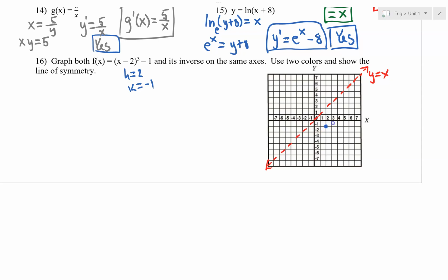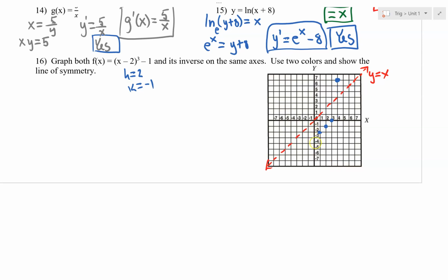And it's a cube function, so it's going to start low, finish high. It's going to go over 1 and up 1, over to the left 1 and down 1, and then it's going to go 2 over and 8 up. 2, 3, 4, 5, 6, 7, 8. That goes up here, and 2 over from the center point, 2 over and 8 down.